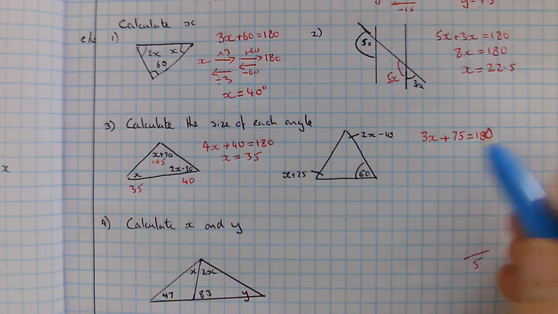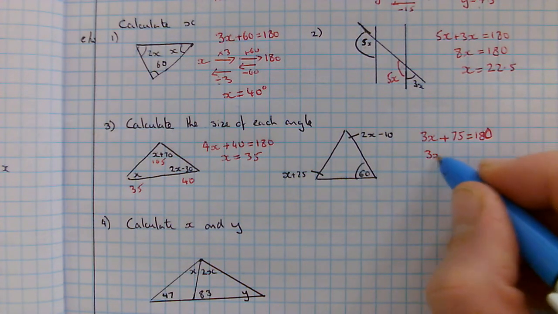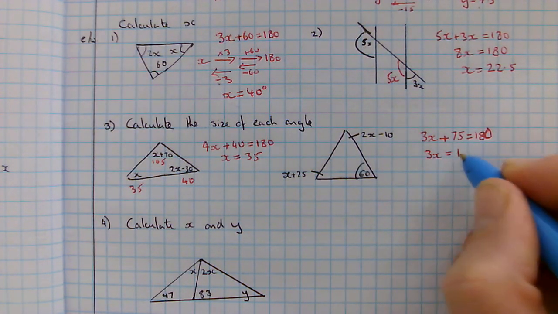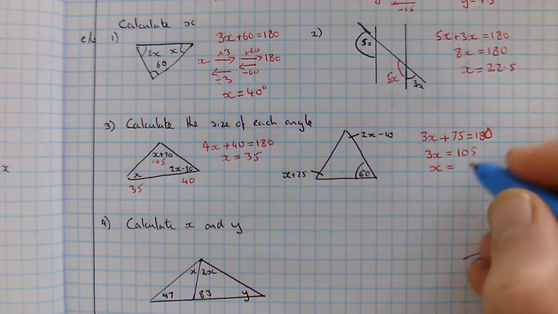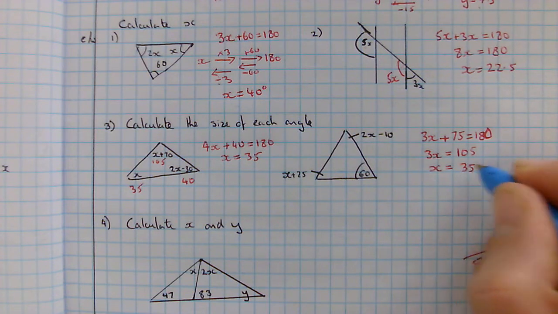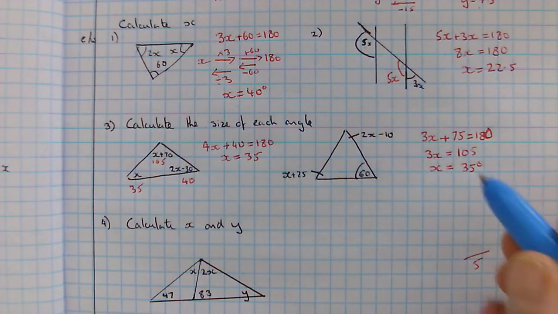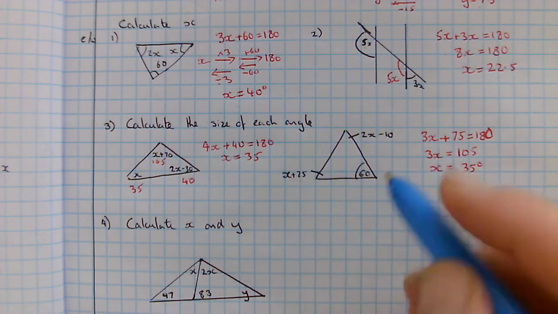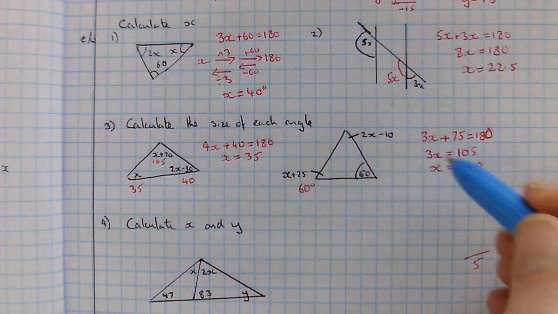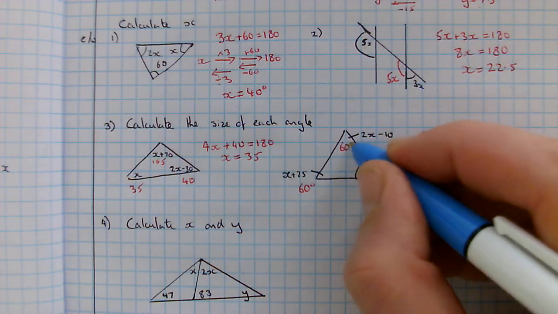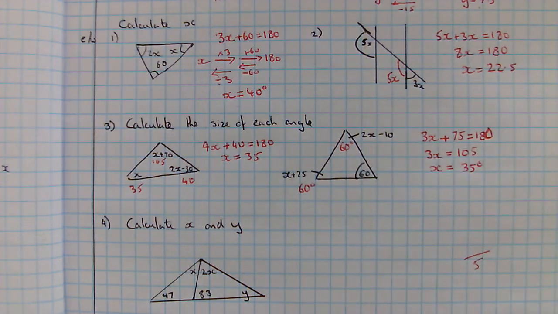That tells me that 3x equals 105 and x equals 35 degrees. Tells me that 35 plus 25 gives me 60 degrees. 2 times 35 is 70, minus 10 gives me 60 degrees. All the angles are 60 degrees. That is an equilateral triangle.